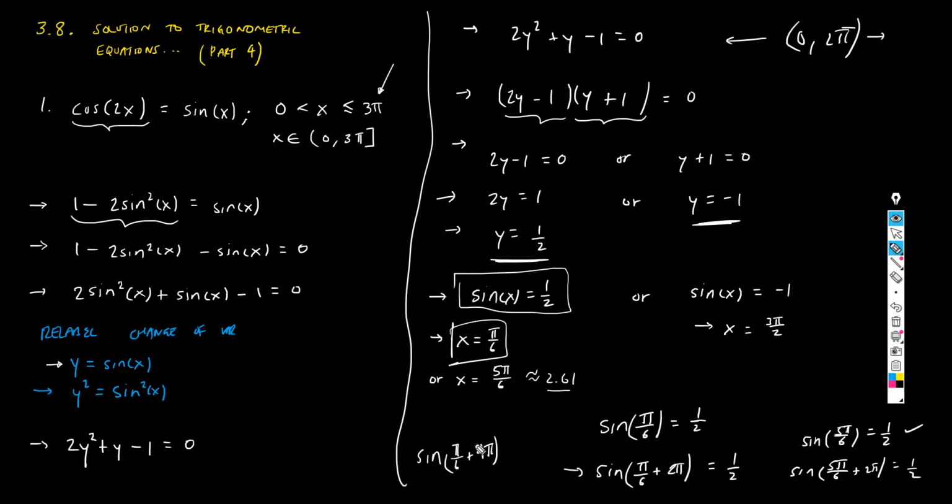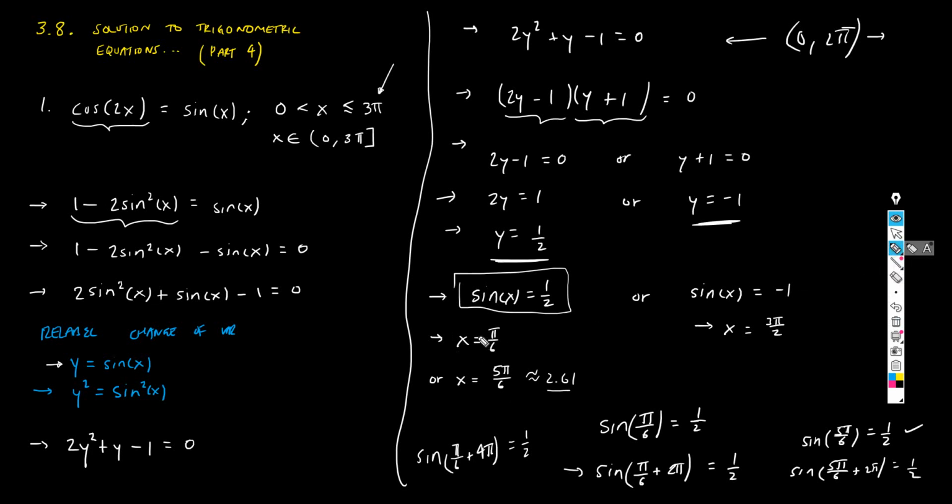And if you put this in your calculator, and I encourage you to do it, sine of pi over 6 plus 4 pi, you will also get 1/2. Remember to put your calculator in radians in order to do this. Otherwise, it's not going to work. So basically, guys, what I'm telling you is this.